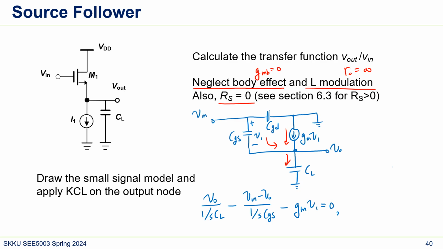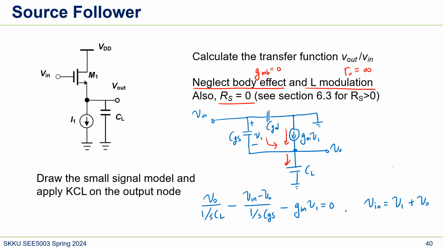Then we need one more equation, which is V in equals V1 plus V out, using KVL.